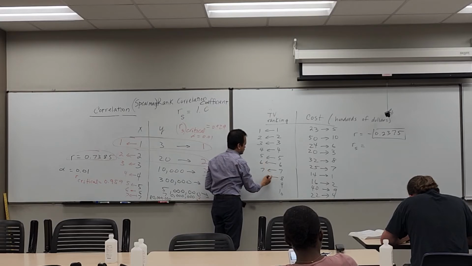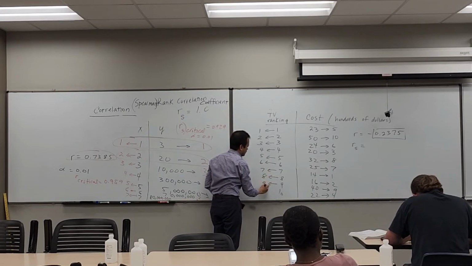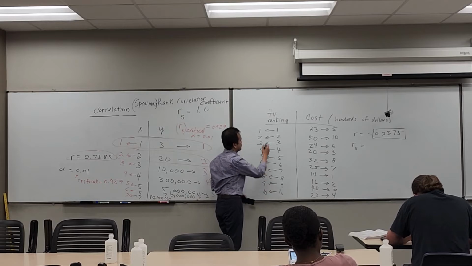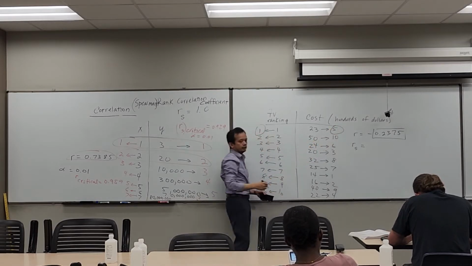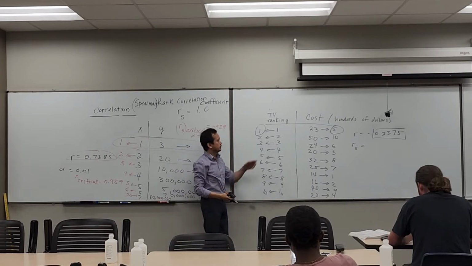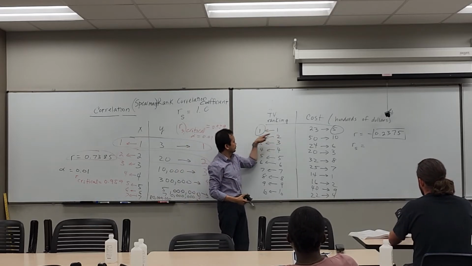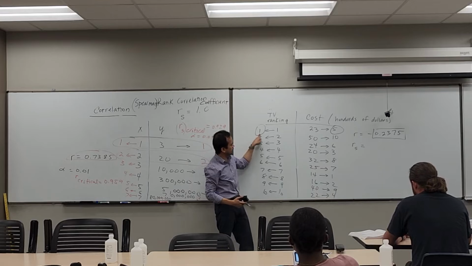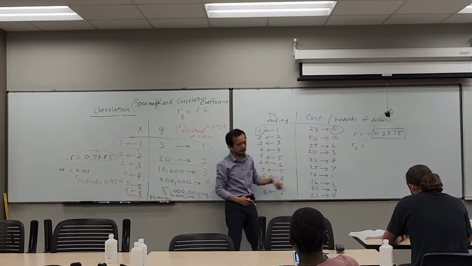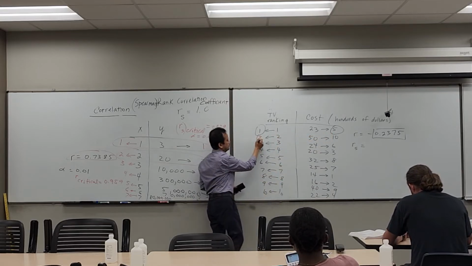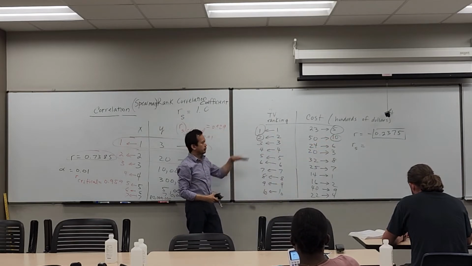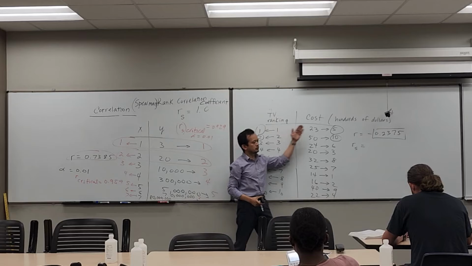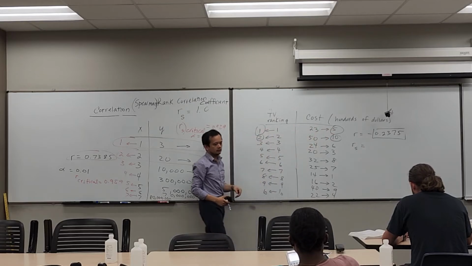And now for each row, what we'll do is enter the new values for each row into the calculator. So for the first row, you enter in a rank of 1 and a rank of 5. The next one you enter in 2 and 10, and so forth. So you enter the rows as is, but with their new values for the ranks.